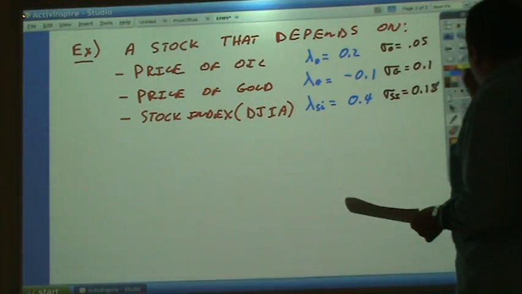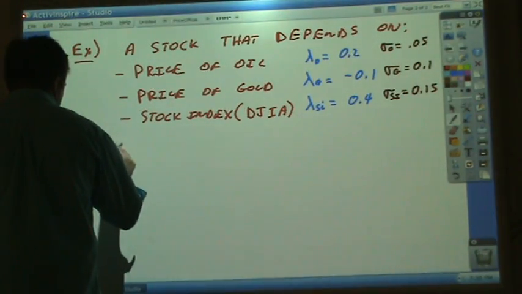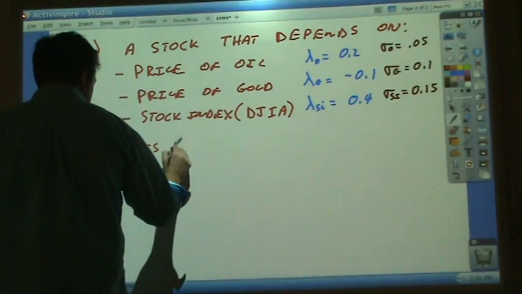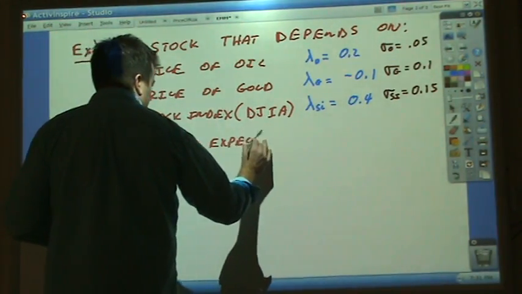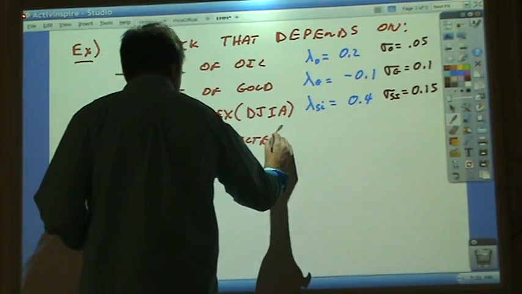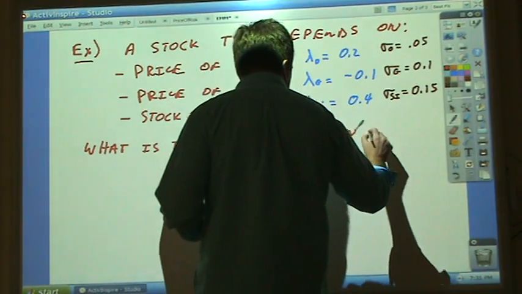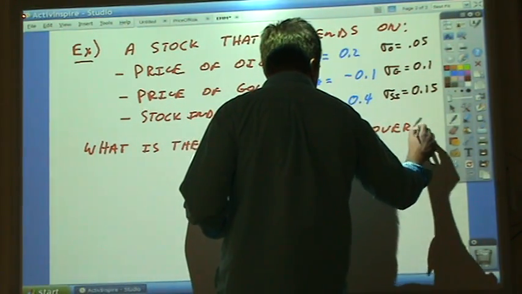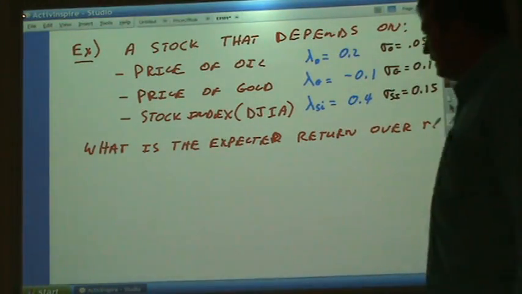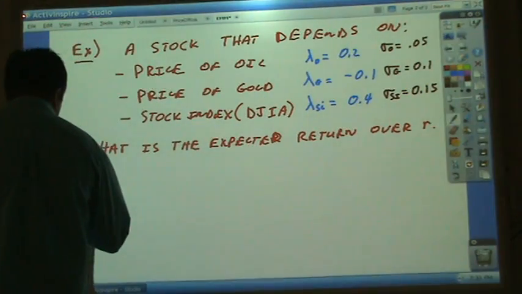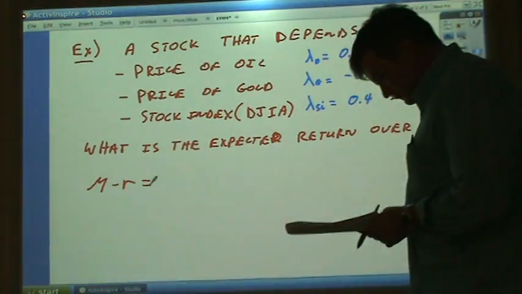Okay, suppose we wanted to know what is the expected return over R. How much over R is this investor expecting to get? So that would be this investor's mu minus R. What is their mu minus R equal to?